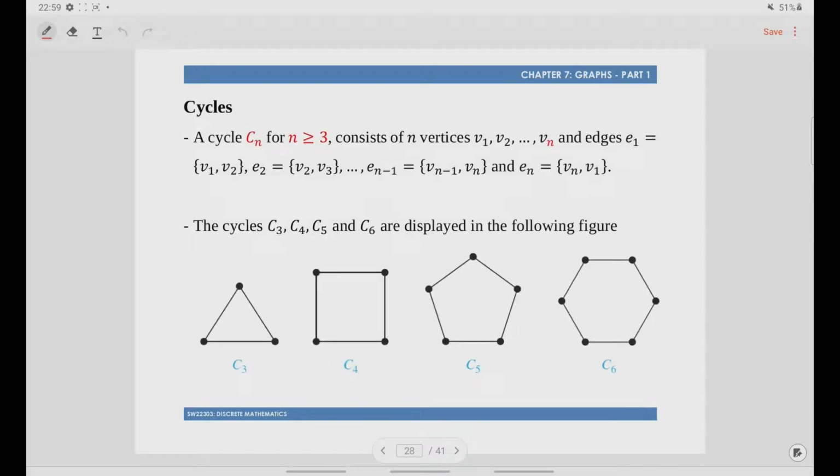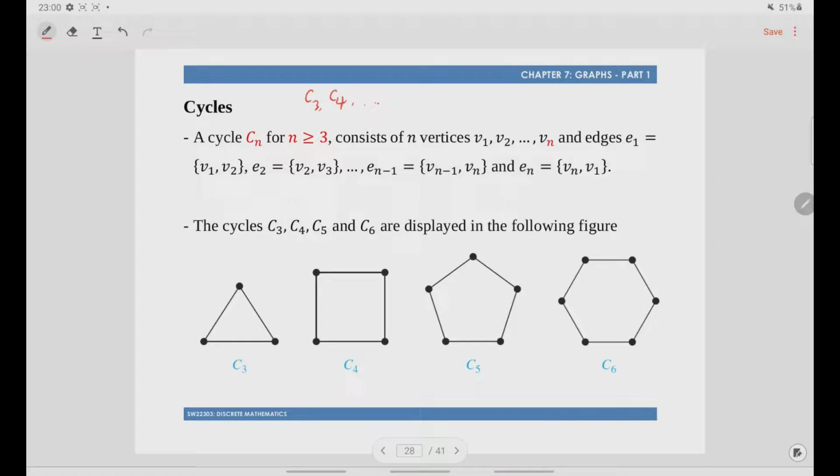We move to cycles. A cycle denoted by Cn, where n represents the number of vertices. This time n is greater than or equal to 3, meaning the smallest n for a cycle is 3. So we have C3, C4, and so on.